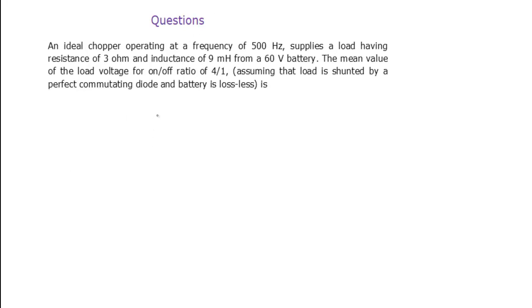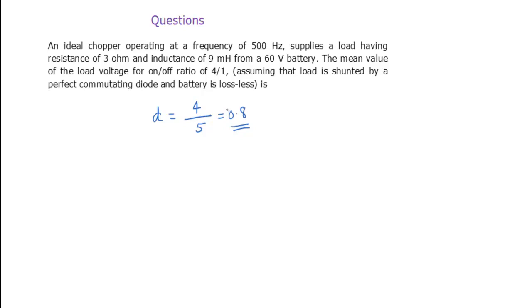When the duty ratio is given as an on-off ratio like this, it is simply 4 divided by the sum of those two, so that's 0.8. The remaining things you can calculate based on the given data.